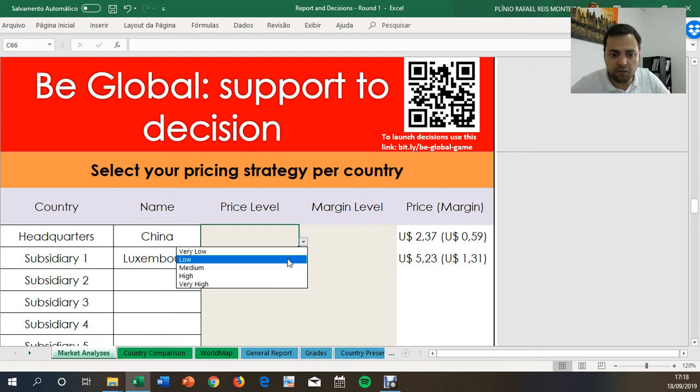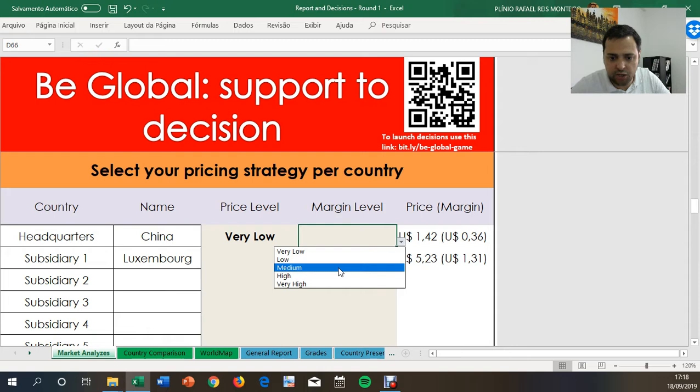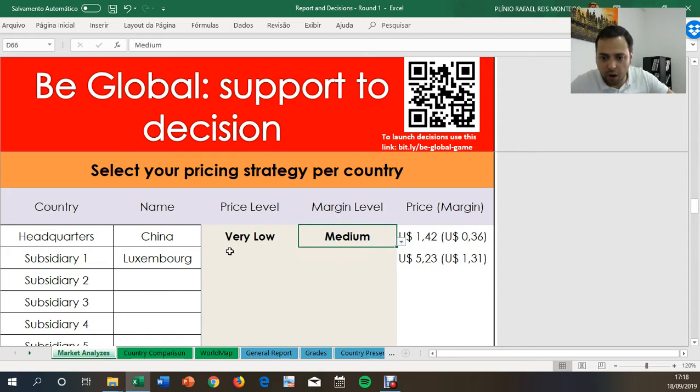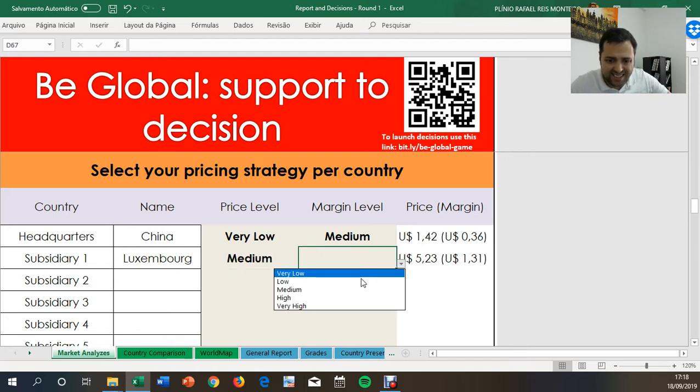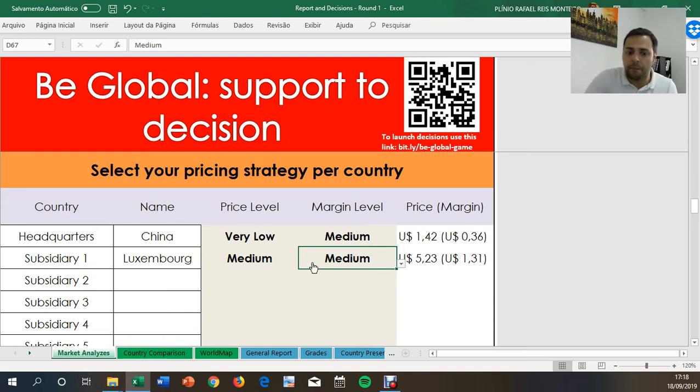For instance, suppose I'm going to have a very low price level in China, and a medium margin level in China. And in Luxembourg, I will ask a medium price and a medium margin. So now you'll be able to start making comparisons when you have more than one country. So you need to choose the price level and the margin level for each country.